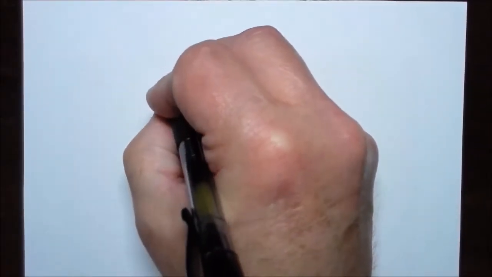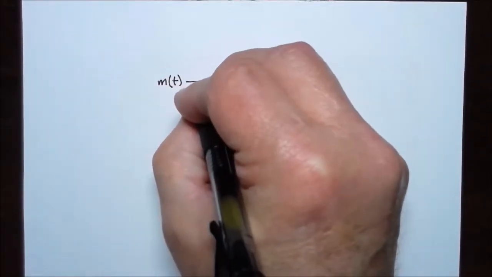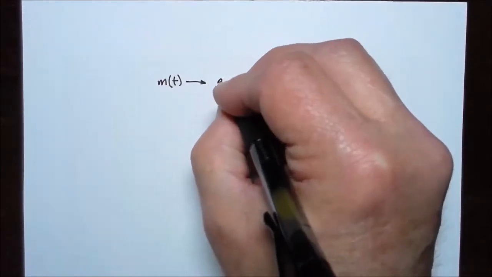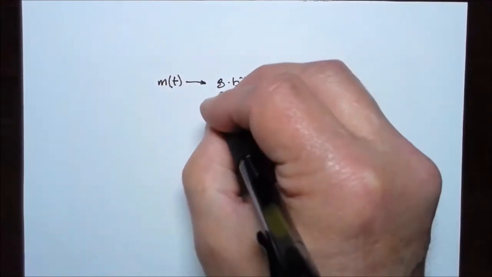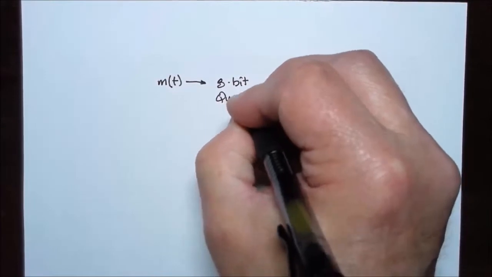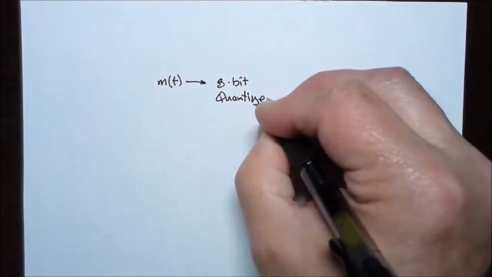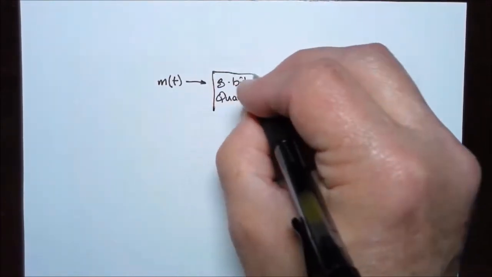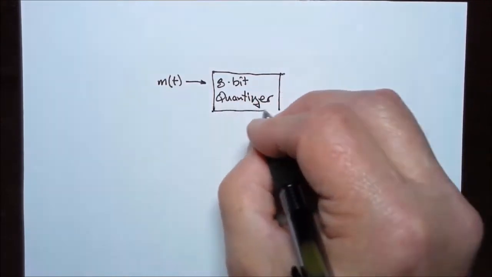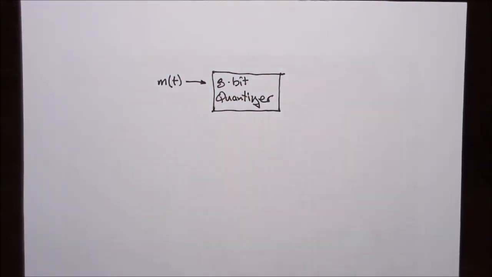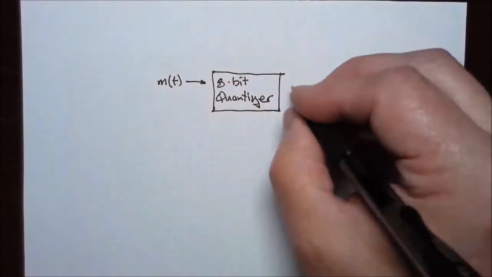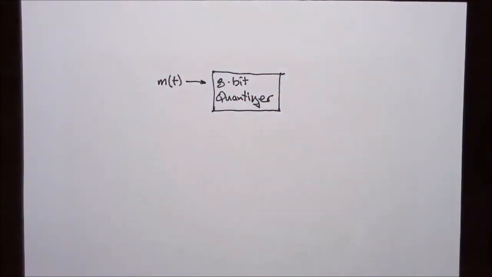Let me work a simple numerical example while I'm thinking of it. Let's consider a message signal m(t) into an 8-bit quantizer. I'm just picking 8 bits as an example, not that it's realistic for any practical purpose.